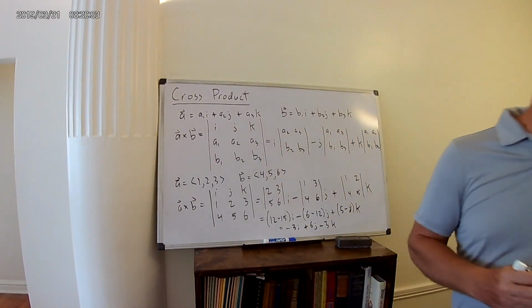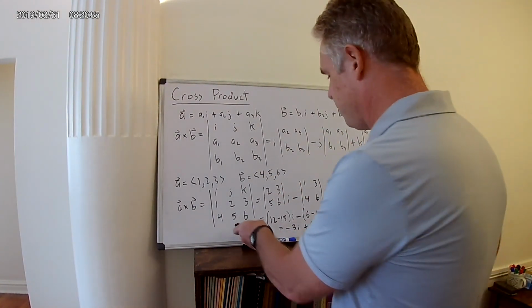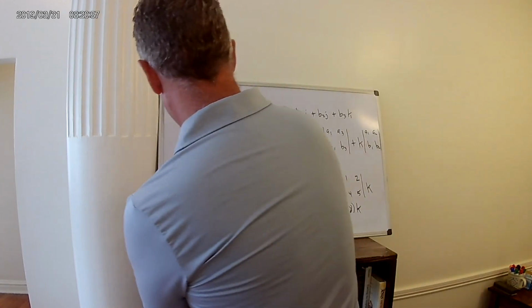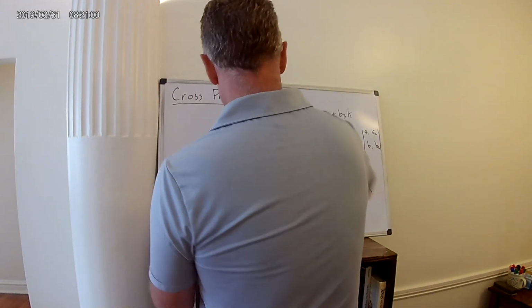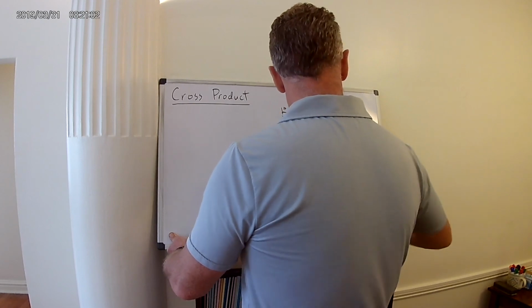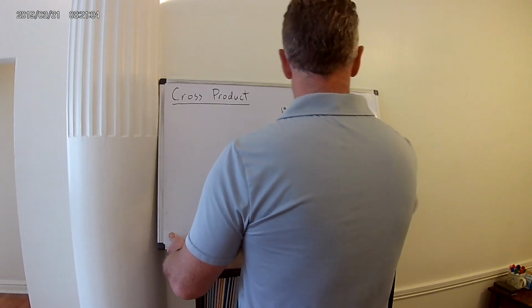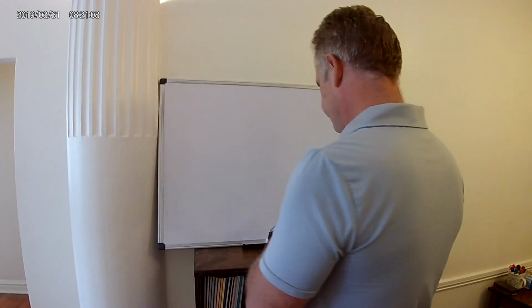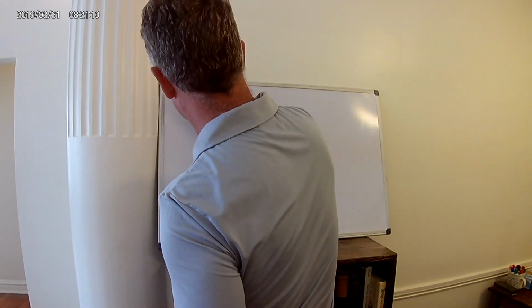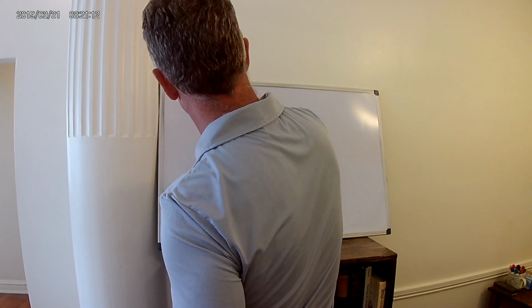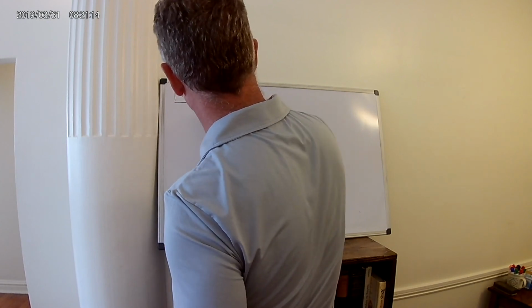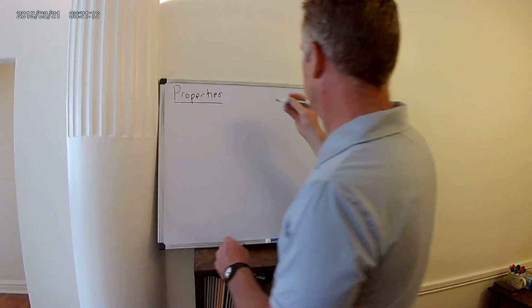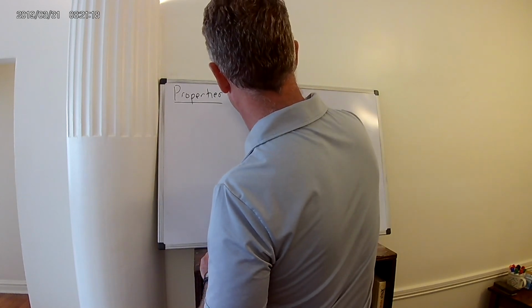Okay, let's talk about some important properties of the cross product. Sorry, I erased that example. I was going to use that result. Let's see if I can remember it.